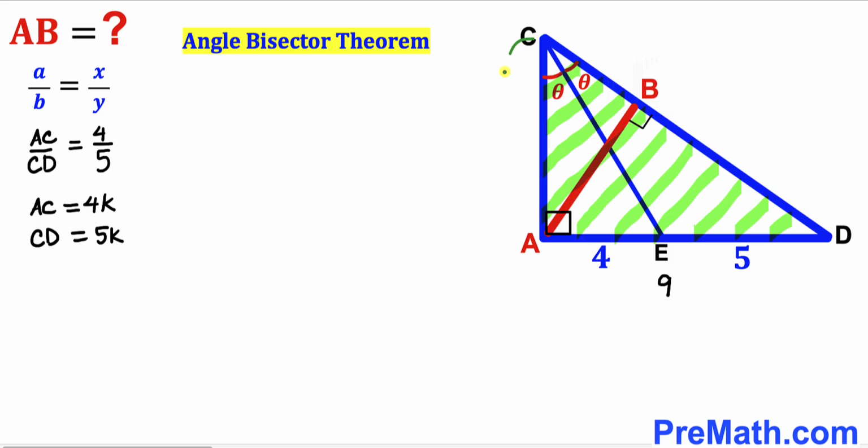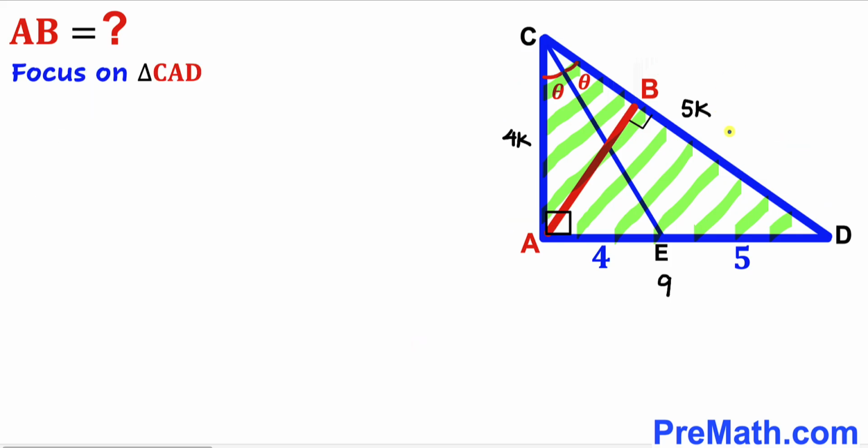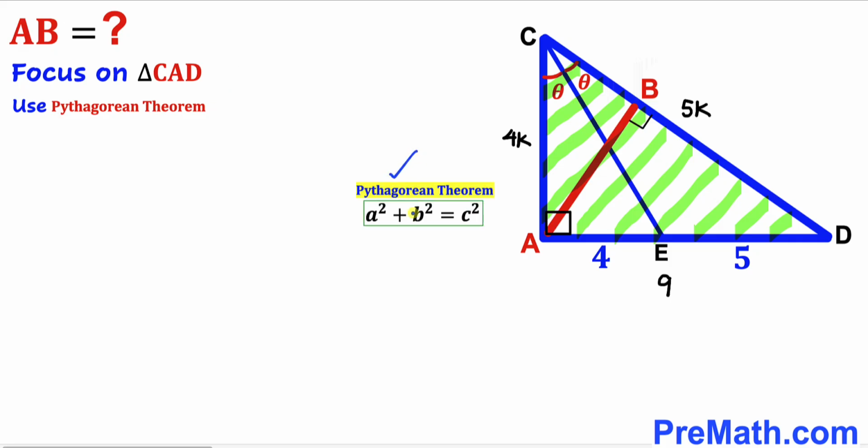So side AC is 4k, and CD is 5k. Now let's focus once again on this right triangle CAD and apply the Pythagorean theorem: a square plus b square equals c square.